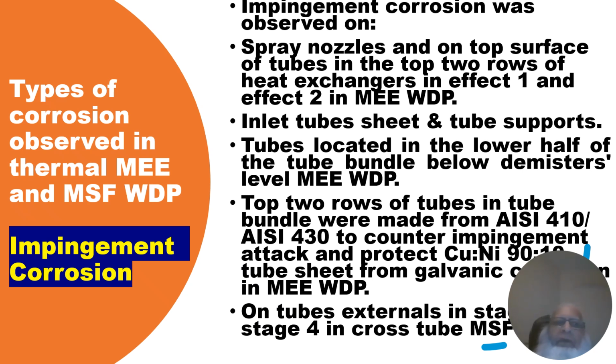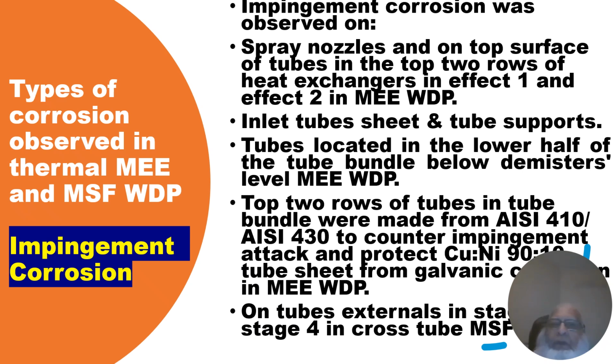It was also observed on inlet tube sheet and tubes supports. It is also observed on tubes located in the lower half of the tube bundle below demister level in MEE WDP.